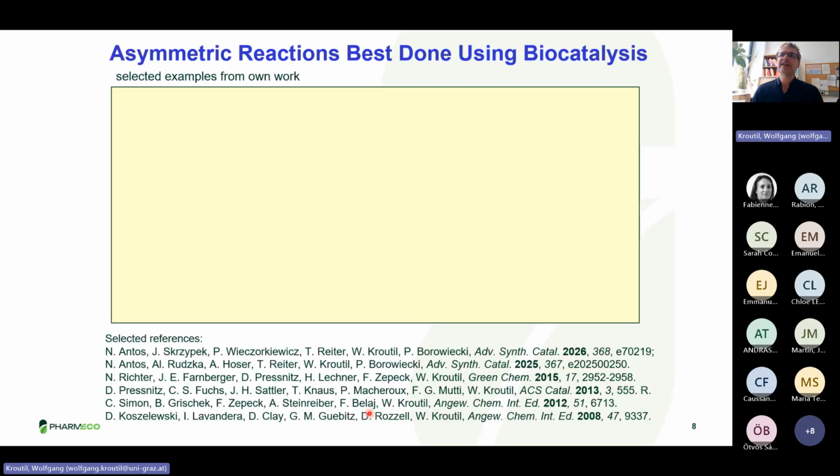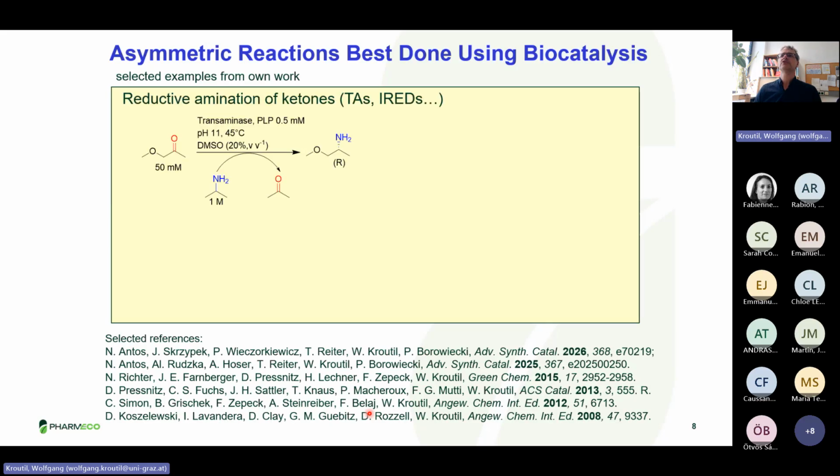On my first slides, I want to give you just a few reactions to give you an idea where, in my opinion, biocatalysis is state of the art, and where it's also used rather broadly in industry. For instance, a reaction from our own work quite some years ago is the amination of a ketone.